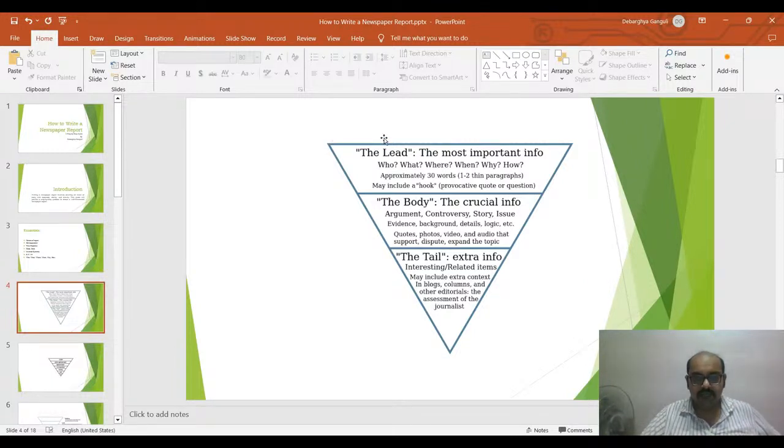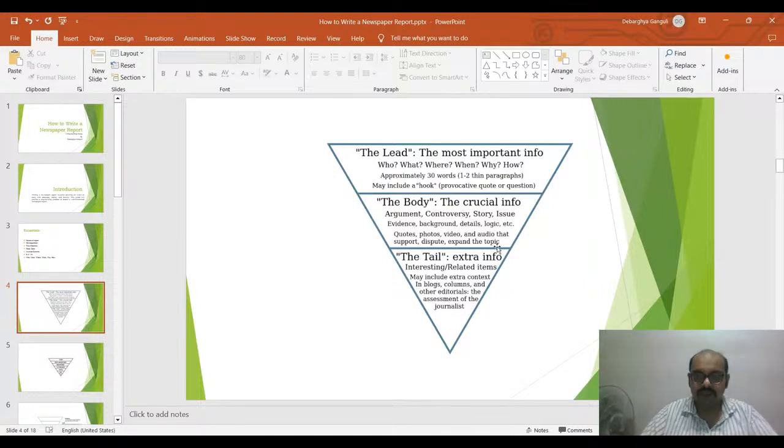On the left hand side, you will have place and date, and then the story begins. So the lead, which is the most important paragraph, you can make it one or two paragraphs, you can break it up. You can add a hook, that is a provocative quote or a question, and it should be approximately around 30 words, but it should not exceed 70, 80 words. Ideally it should not exceed 50 words, because a lead should not be really large. Why? I'll give you the answer a little while later.